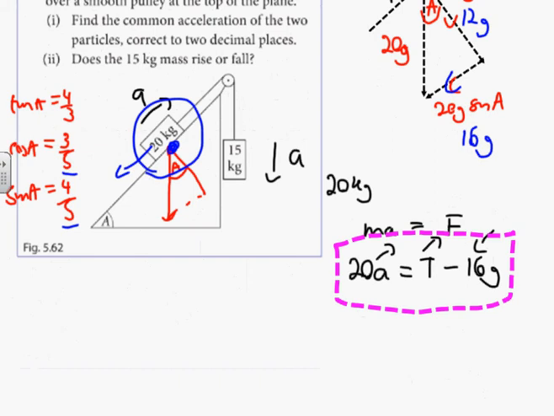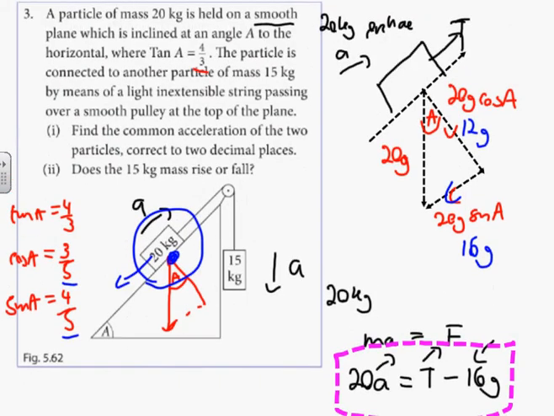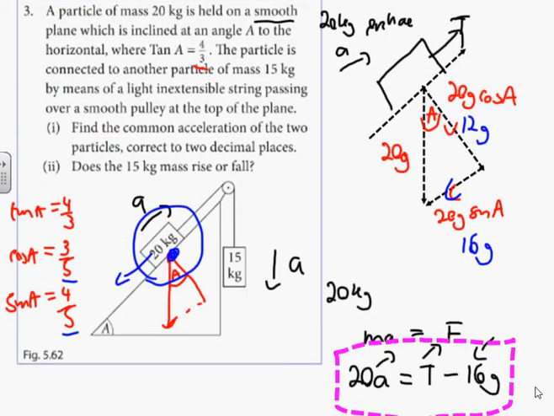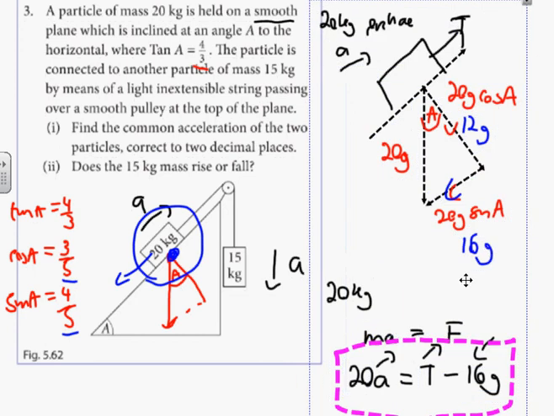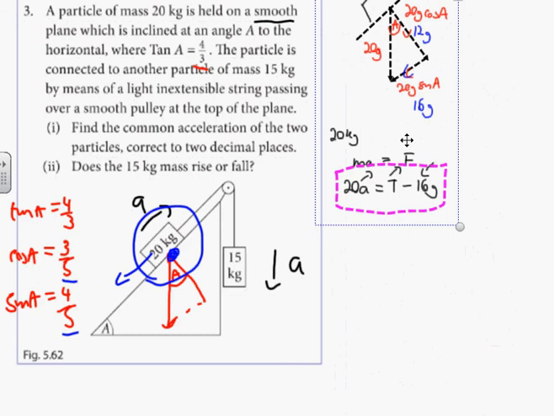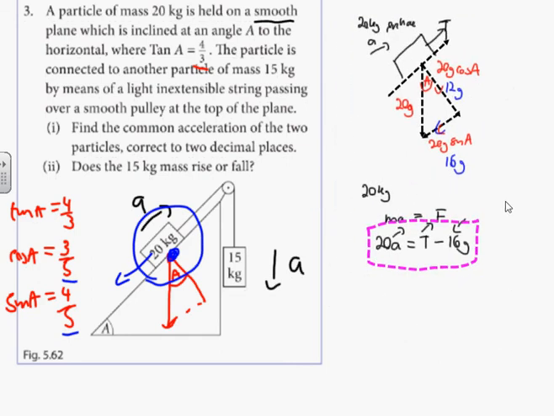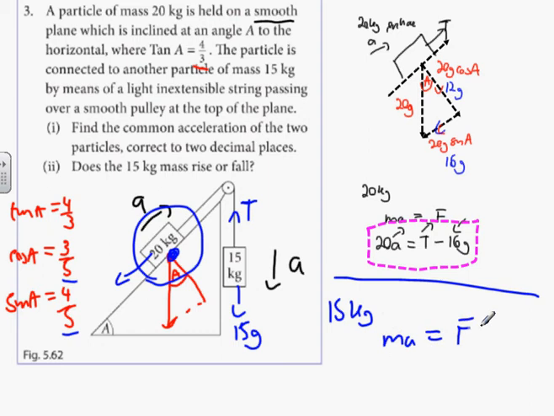Next, we're going to do the 15 kilogram particle. So the 15 kilogram particle is going to be down here. Now it has a tension going up, 15g going downwards, so it's ma equals F. Its mass times acceleration is 15a.